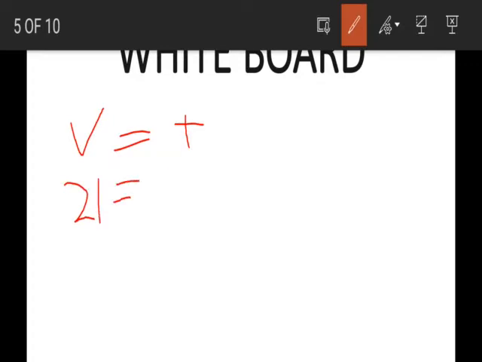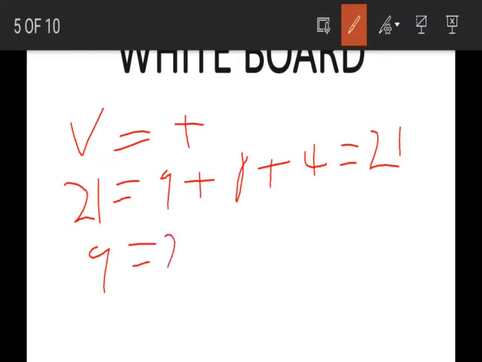You add 9, 8, and 4, and that will give you 21. If 9 is not there in the sample, you're going to subtract the sum of 8 and 4 from 21, and that will give you 9.